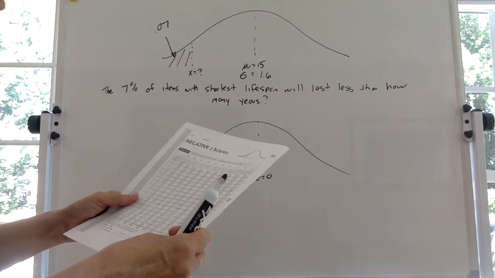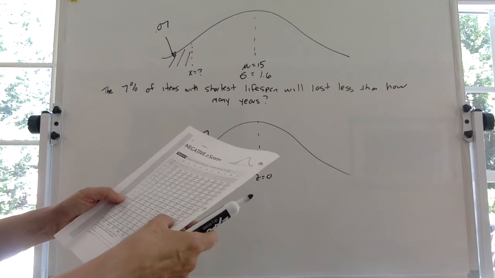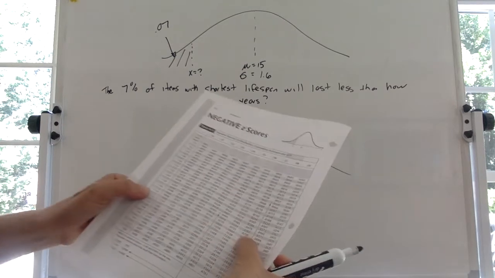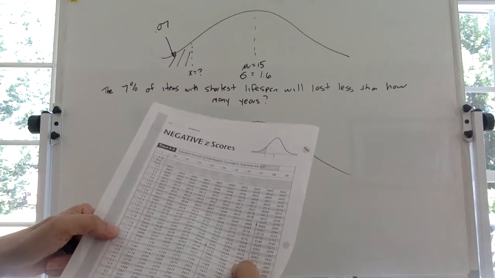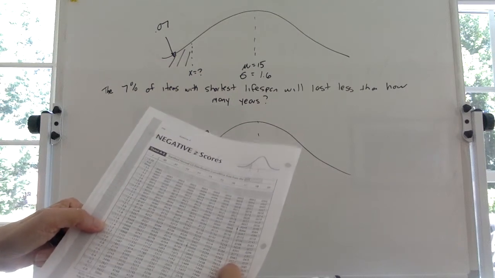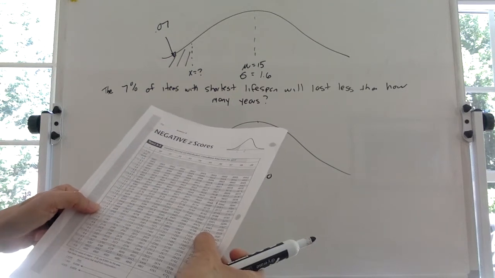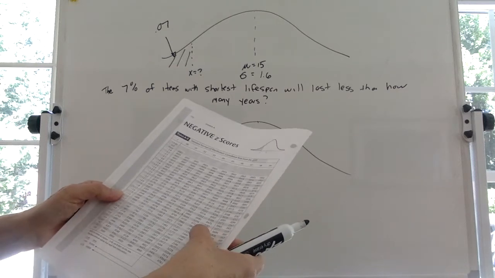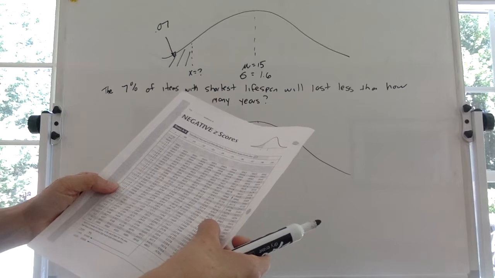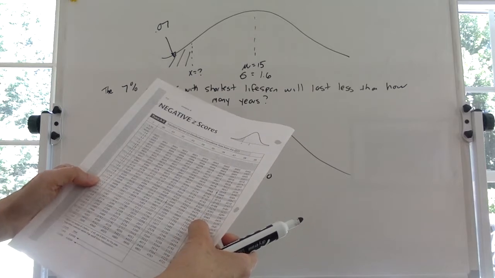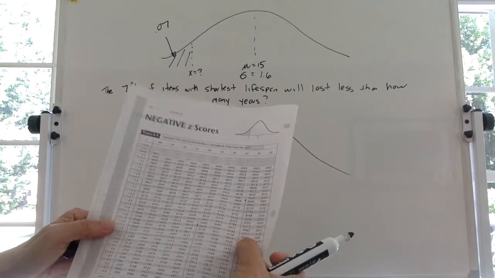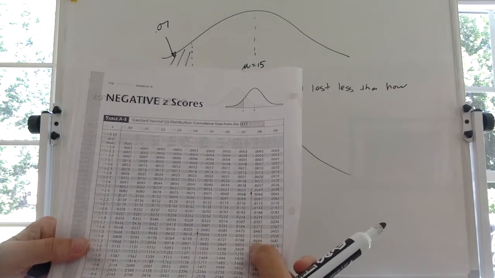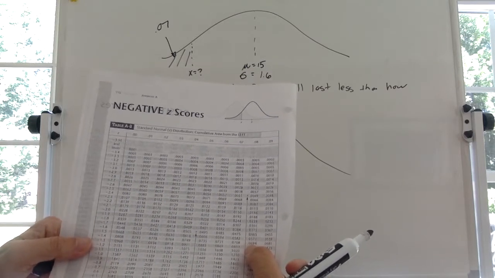So I'm looking. And if you look down at negative 1.4, I see a 0.0708 and a 0.0694. So 0.07 is in between those two. Which one is it a little bit closer to? It's a little bit closer to 0.0694.